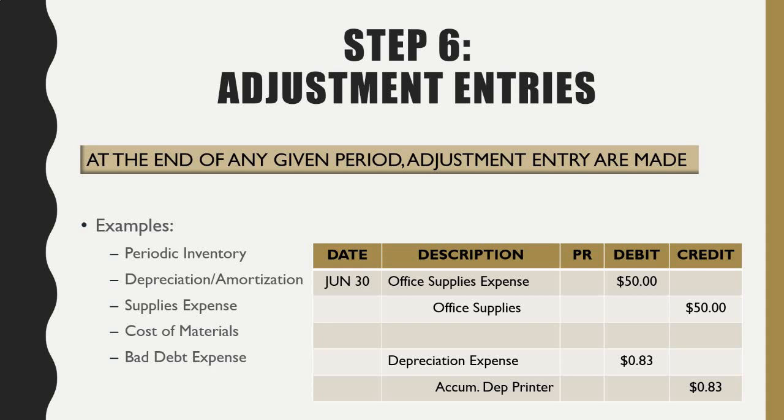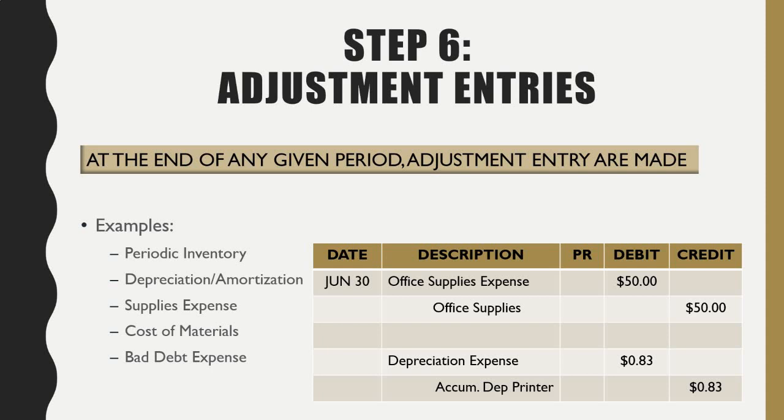And then, of course, we've got to do cost of materials, and bad debt is going to be one of them. So I did mention all of these. These are all going to be examples of adjustment entries. Now, of course, the list goes on a little beyond this, but since we're doing a scenario, I already mapped out all of the adjustments that we need to be making for the Coffee Cafe.